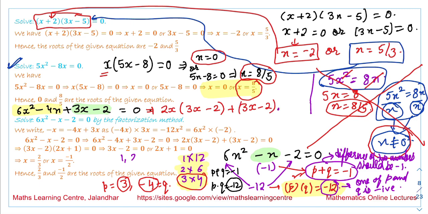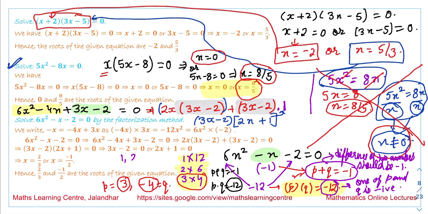For solving purposes you can write 1 over here. Now look at this term over here, it is 3x minus 2 over here, 3x minus 2 over here. So if we take 3x minus 2 common, from the first term we are left with 2x, and from the next term we are left with 1.